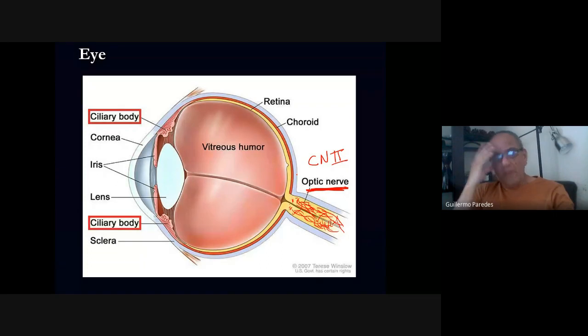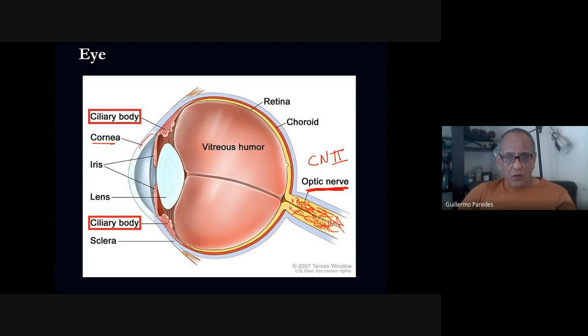So then we have the three chambers. The three chambers are going to be very important. But before going to the three chambers, we need to know the boundaries, because the chambers have boundaries, and you need to know where these boundaries are in order to define where these chambers are. Number one, we have the cornea.